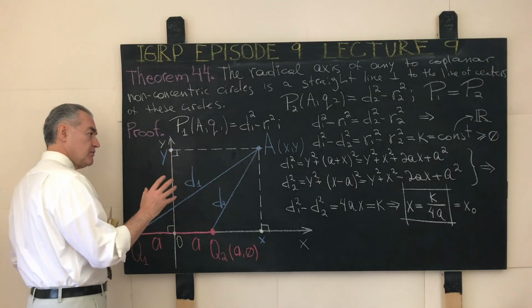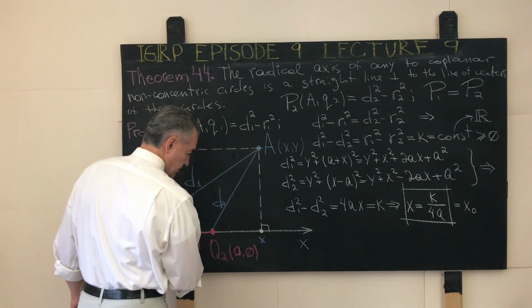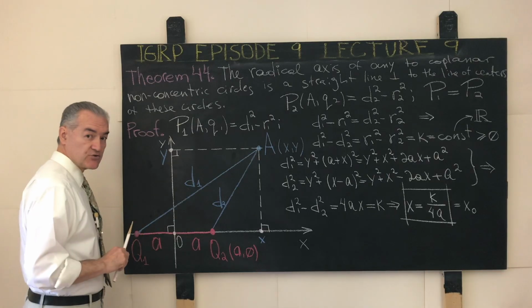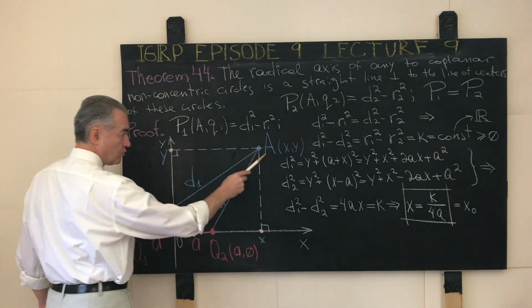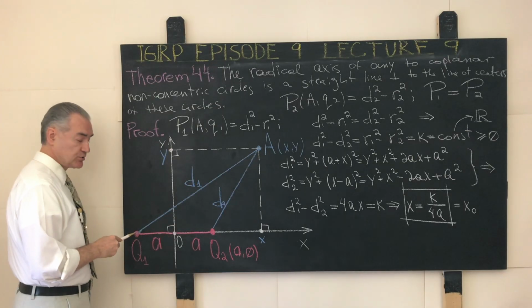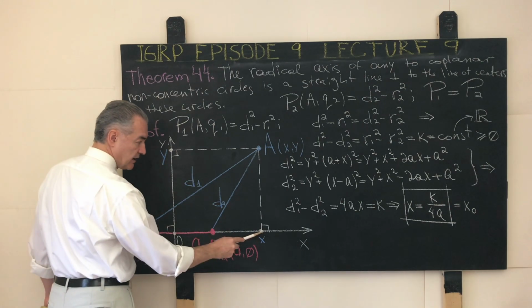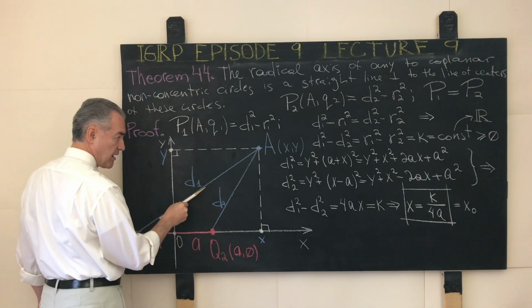It is a pure metric relationship between the sides of a right triangle and its hypotenuse. So here, the distance d1, or the line segment AQ1, forms the hypotenuse of the right triangle. Which one? Q1, X, A.